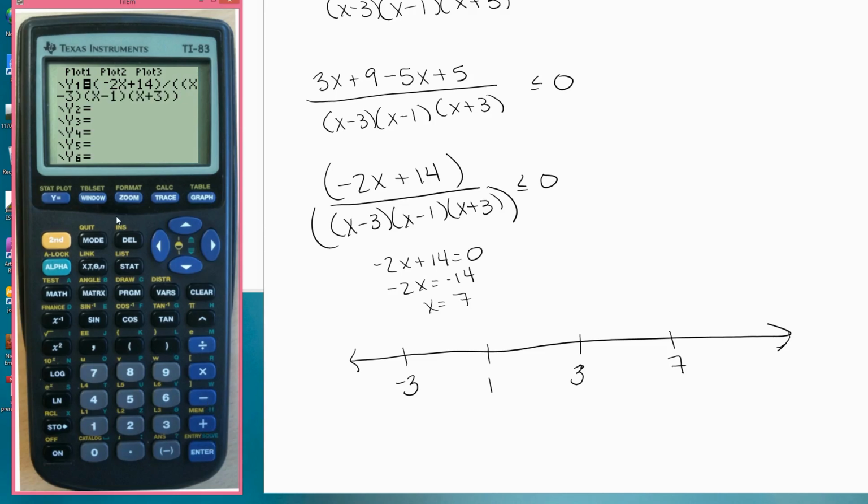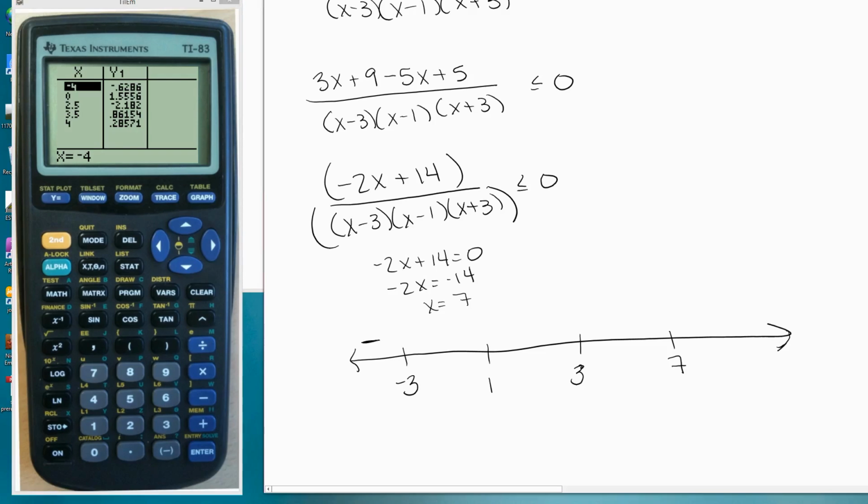Okay, now we're going to go to our table and test things. So we want to test something less than negative 3. So I already happen to have negative 4 in there. So that's negative. Then I want something between negative 3 and 1, so 0 will work, which is already in there. The values we had in for the last one just happen to work, and it automatically updates the y value, so we don't have to worry about that.